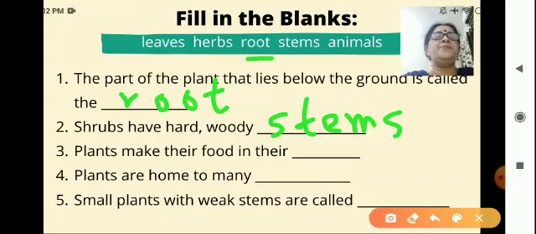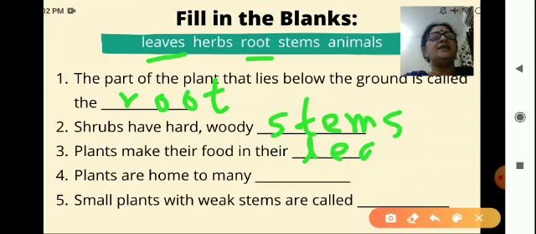Number 3. Plants make their food in their dash. Where, children? Tell me the answer. Yes, leaves. Plants make their food in their leaves. L-E-A-V-E-S. Leaves.